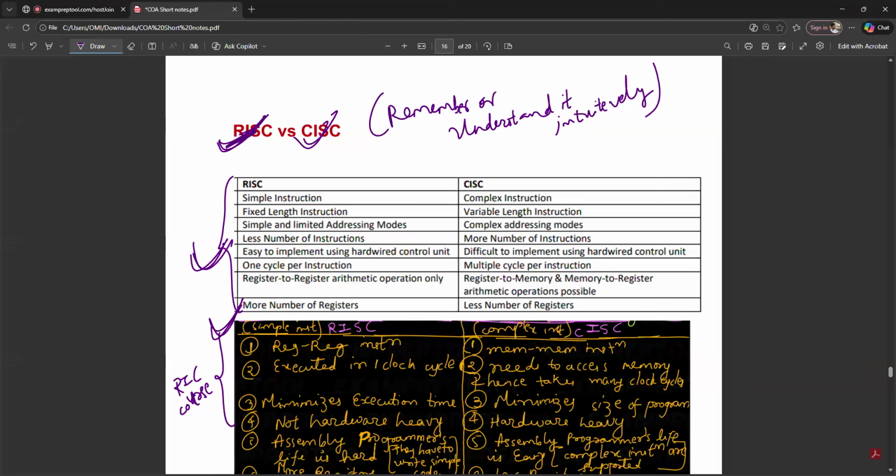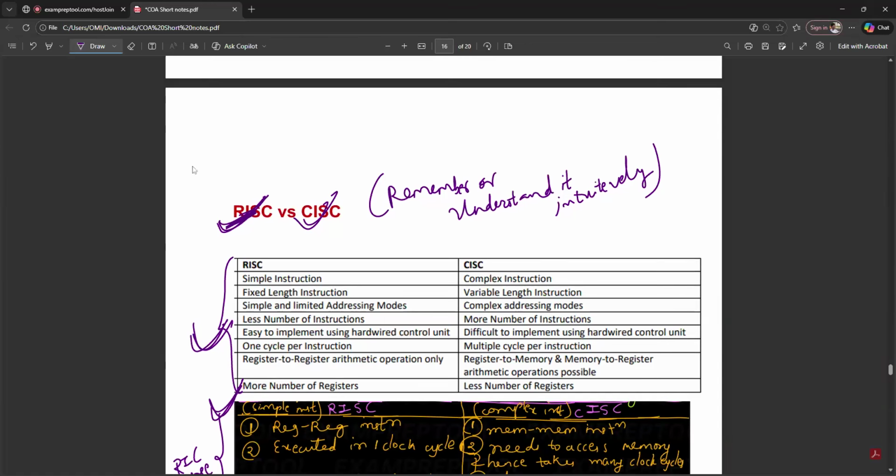If I talk about earlier times, memory was costlier, not time. So CISC is used, right? So complex instructions are used.